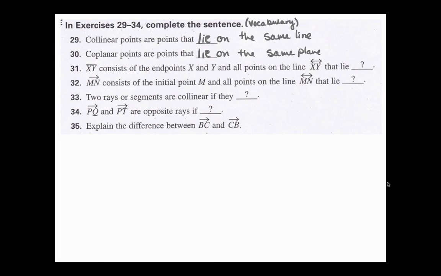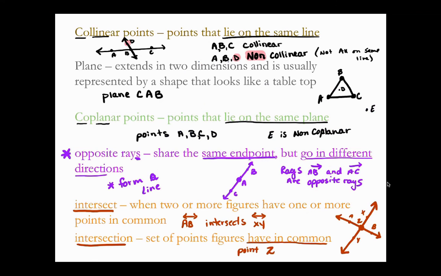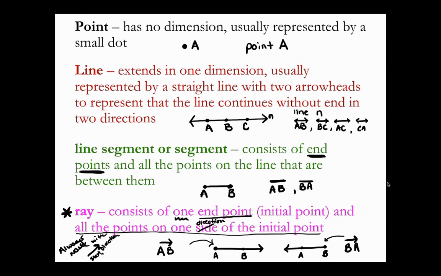So the next one is our definition of segment. We have a segment XY. It consists of an endpoints X and Y and all the points of the line XY that lie. So we're going to go back to our vocabulary for a segment, and it's all of the points on the line that are between them.